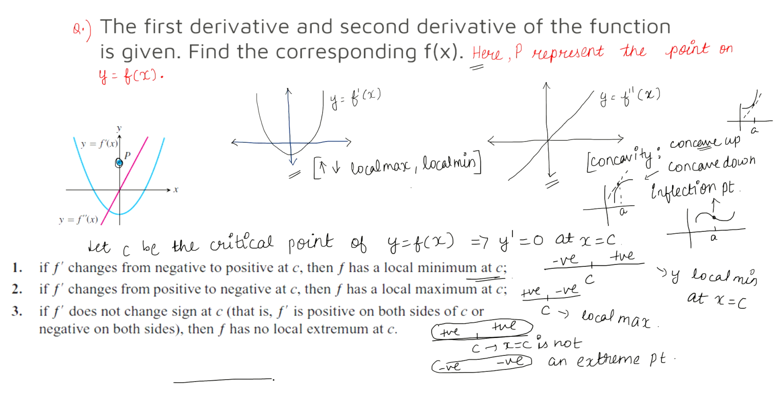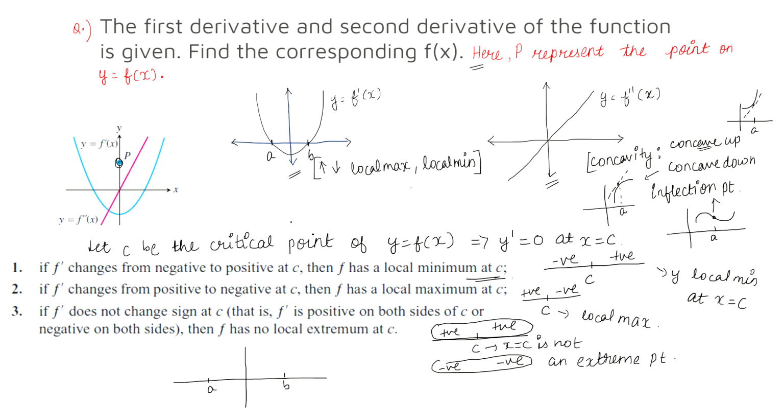Now observe that here from the graph of f dash, what all things we can observe is, if this is a point A and this is a point B, then f dash is becoming 0 at x equals A and x equals B. So at x equals A and at x equals B, f dash is becoming 0.